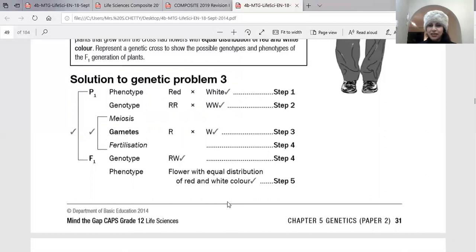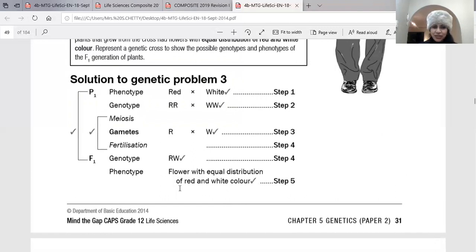Let's look at a particular question, and I'd expect you to answer it before I meet you in the next lesson. What would happen if I cross a heterozygous flower with equal distribution of red and white with a heterozygous flower with an equal distribution of red and white?